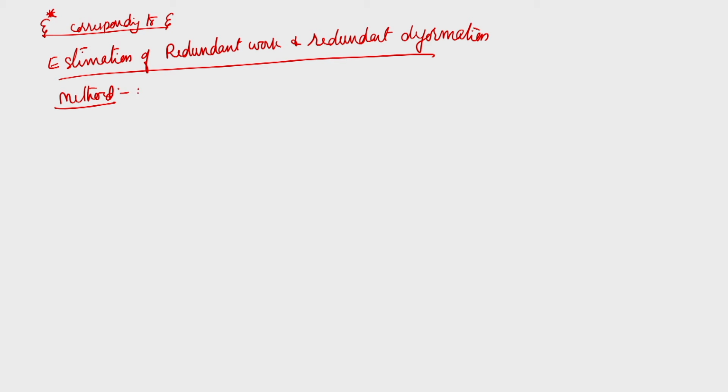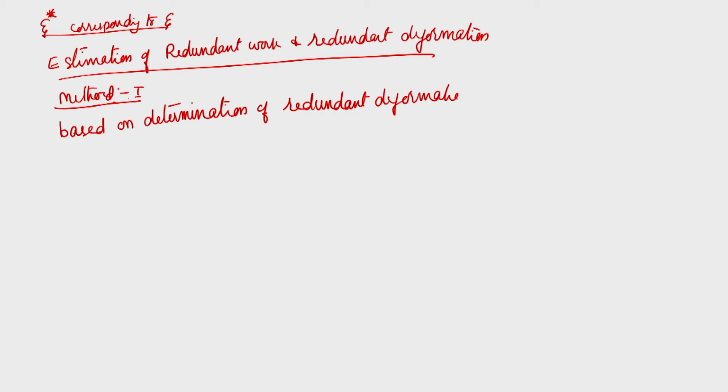Method 1 is based on the determination of the redundant deformation phi 2 for the redundant work phi 1. Okay. So, this phi 2 we have to find out and then correlate with phi 1.